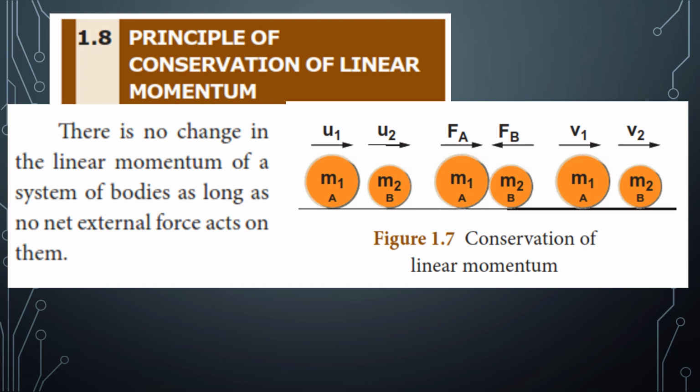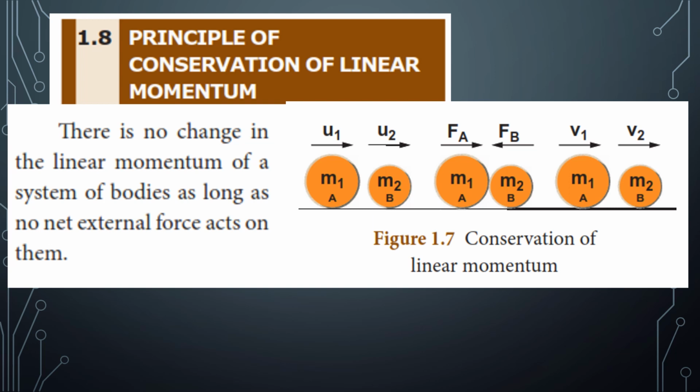Let us have two bodies A and B having masses m1 and m2 moving with the initial velocities u1 and u2 in a straight line. Let the velocity of the first body be higher than the velocity of the second body, that is, u1 is greater than u2.